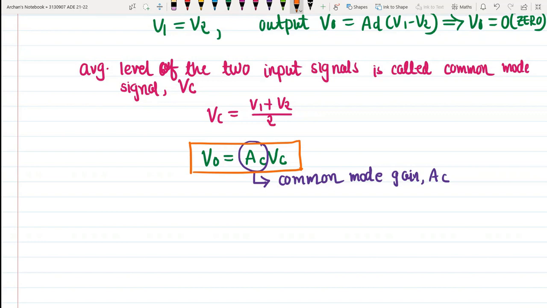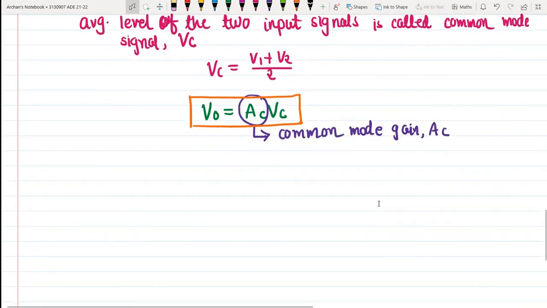So whenever we have a differential amplifier, and if you make these two input signals the same, that is V1 equal to V2, still we will get some output voltage because of this common mode signal and common mode gain.